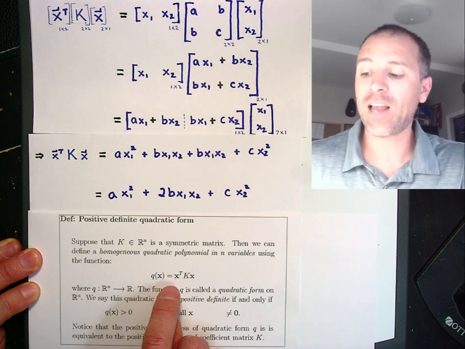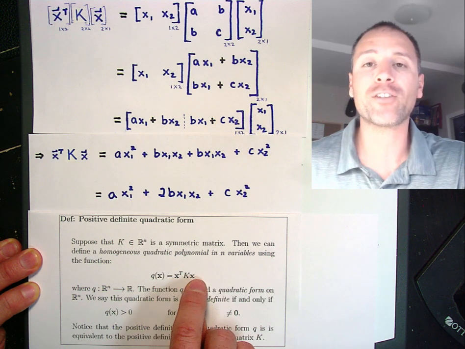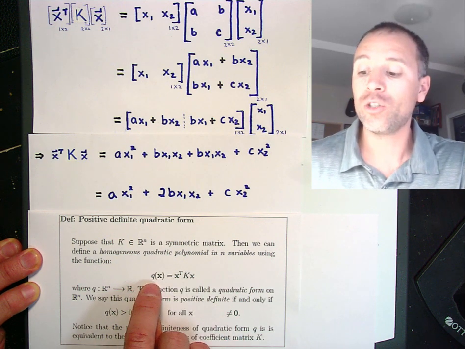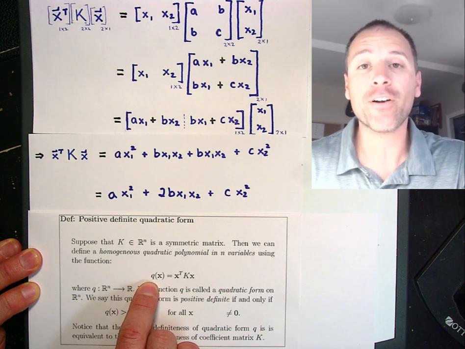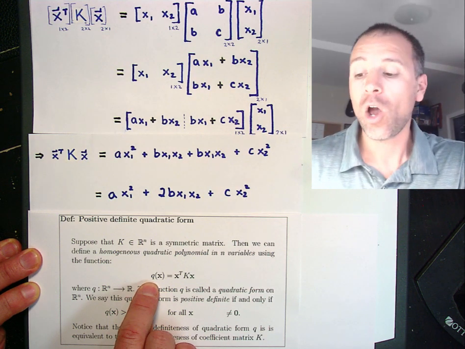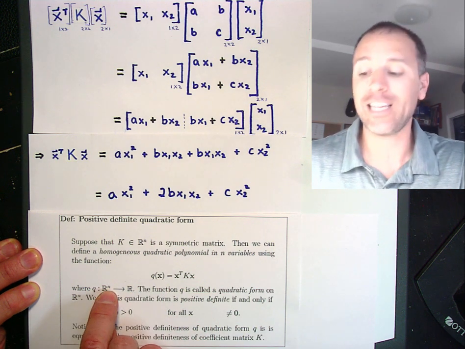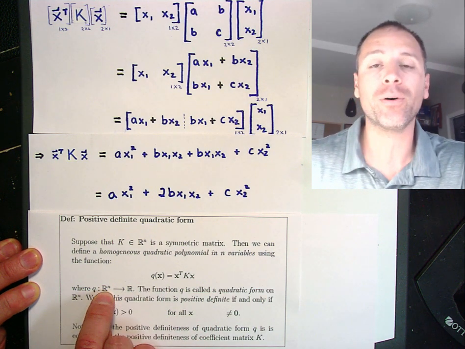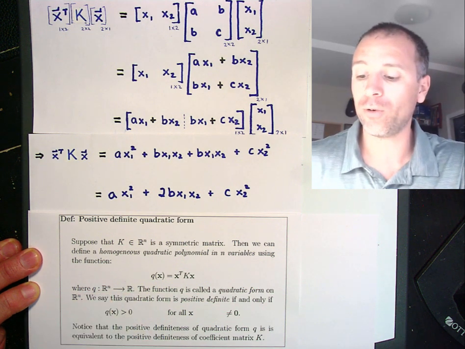But the idea is that I can use my matrix, with a vector on the left-hand side and a vector on the right-hand side, to define a quadratic polynomial in n variables. We'll call that q, as a function of x, where q runs from Rn into R, so it takes an n-variable input and produces a scalar output with respect to those n variables.